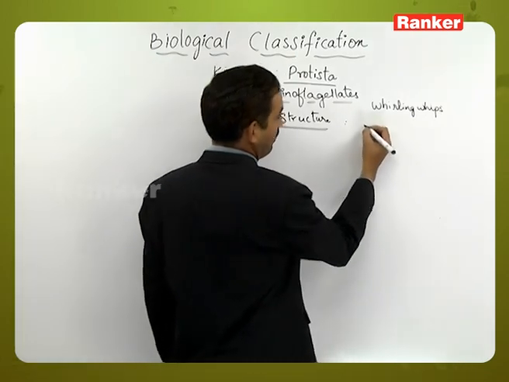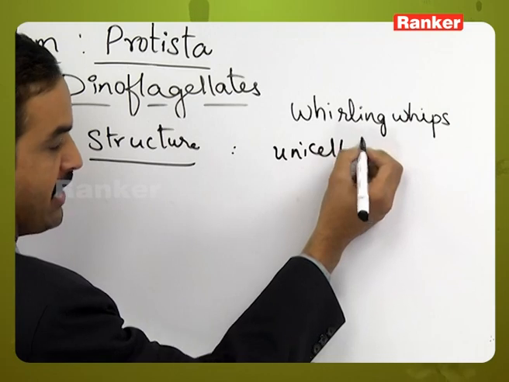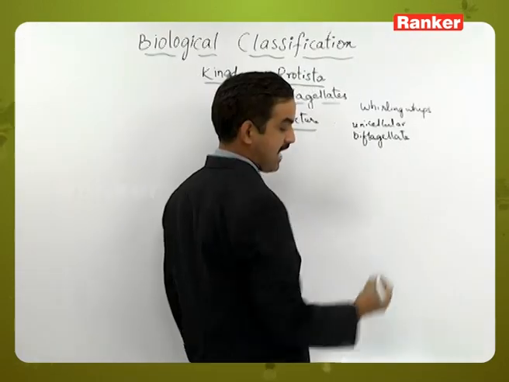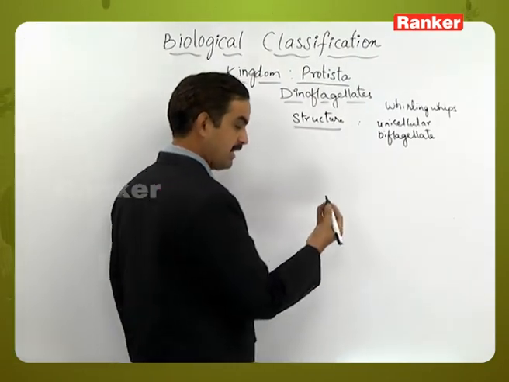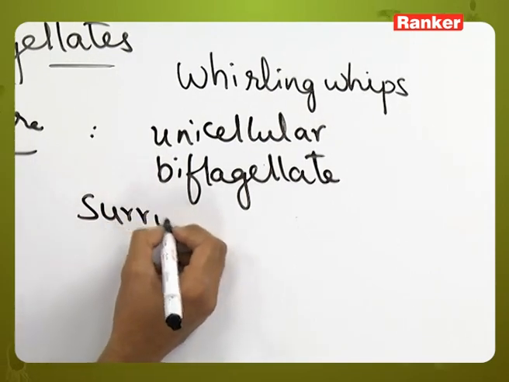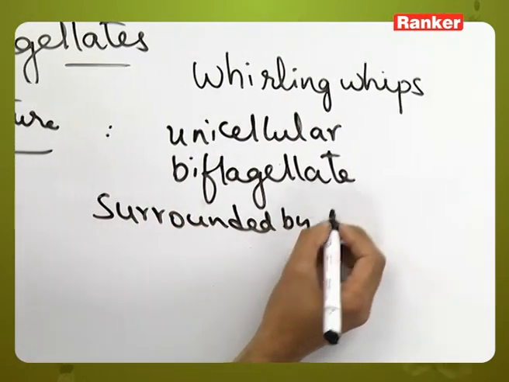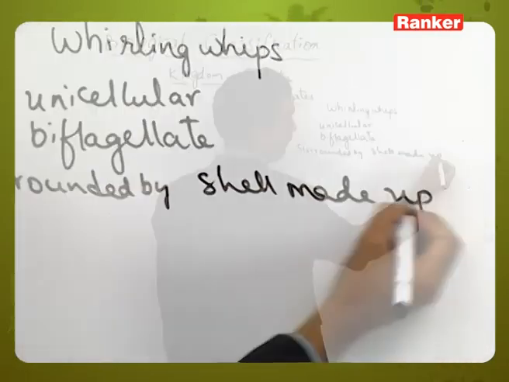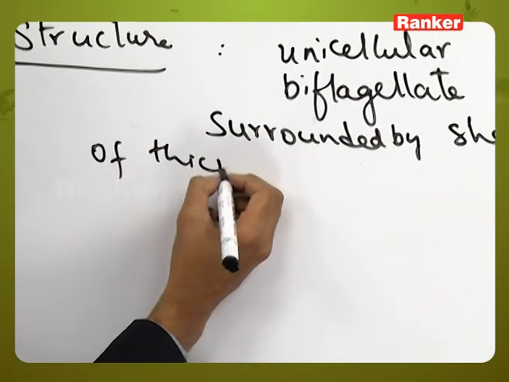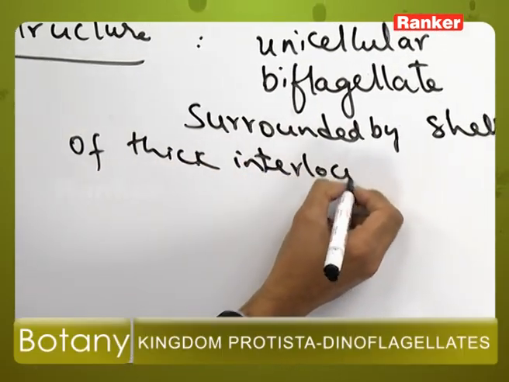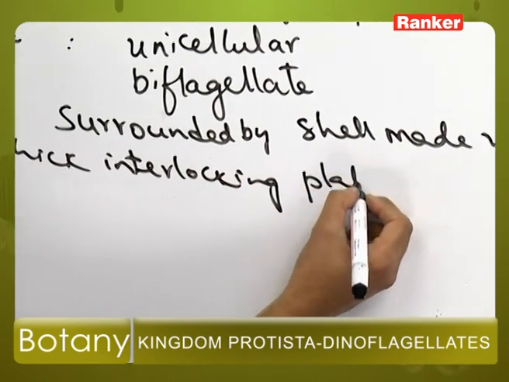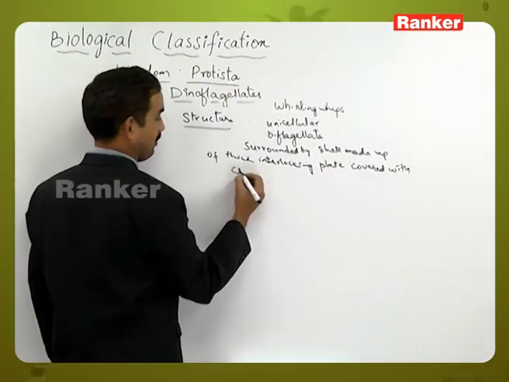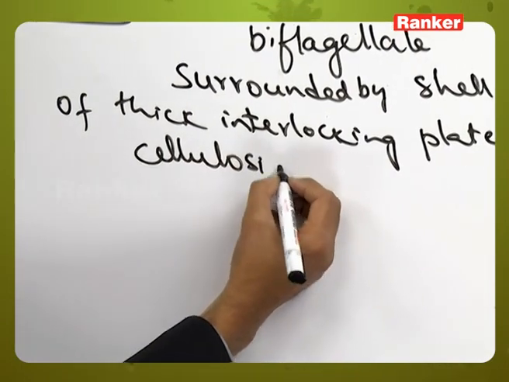Dinoflagellates are basically unicellular and biflagellate, that is, two flagella are present, and they are surrounded by a shell made up of thick interlocking plates covered with a cellulosic cell wall.